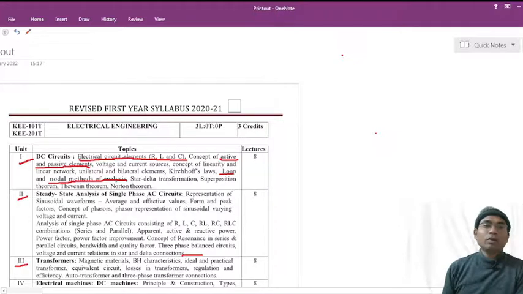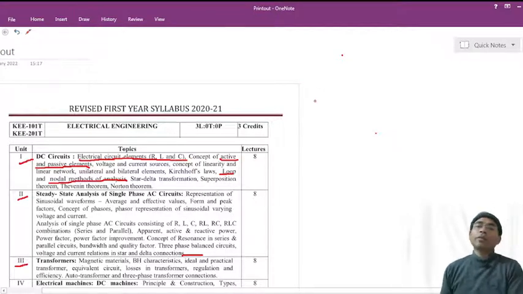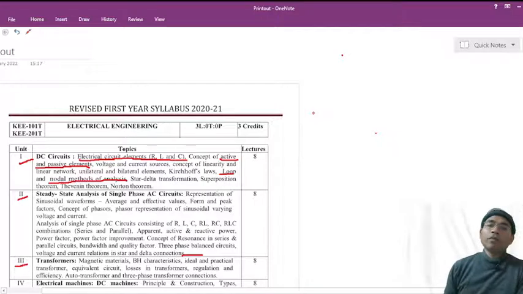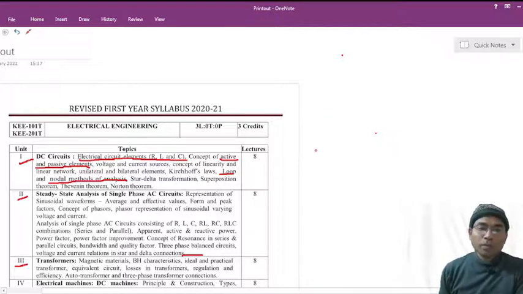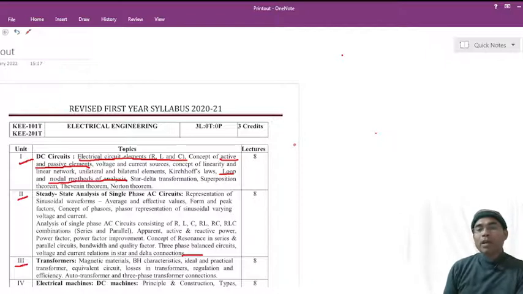So you will learn the application of single phase AC, which we use for domestic purposes, while the generation at the power plant is in the form of three phase, but we use single phase for domestic purposes. So in the second unit we will learn how this single phase AC is generated, and then what will happen if we apply an AC source in a circuit.